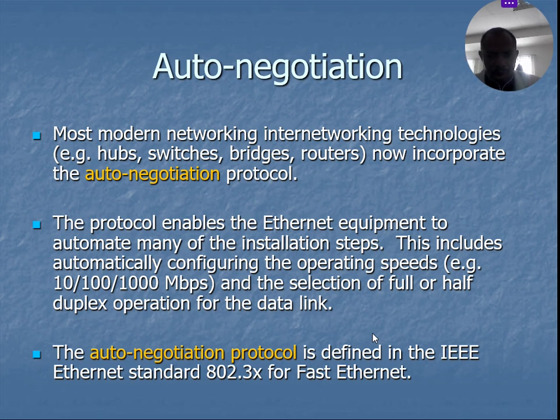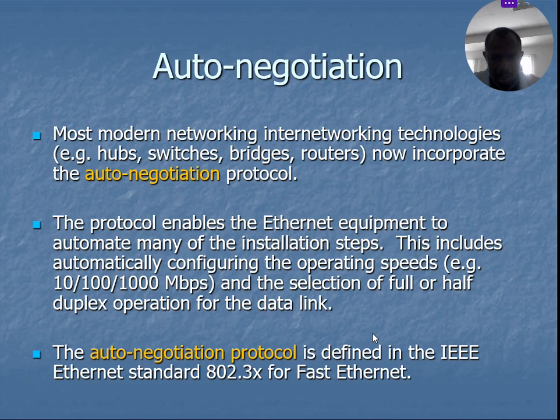The only thing we do is the selection of the full or the half duplex operation for the data link. So the auto negotiation protocol is able to automate the speed by itself.